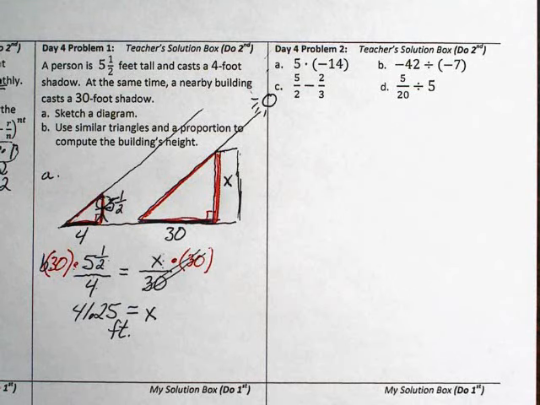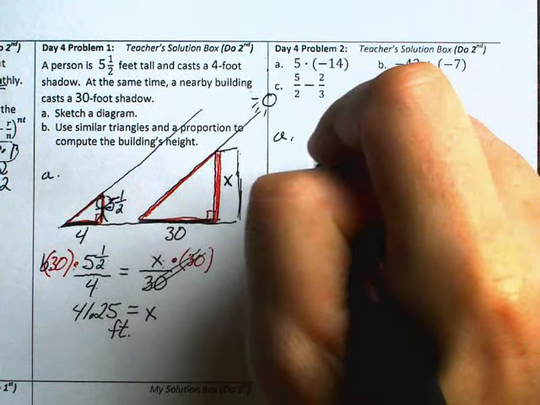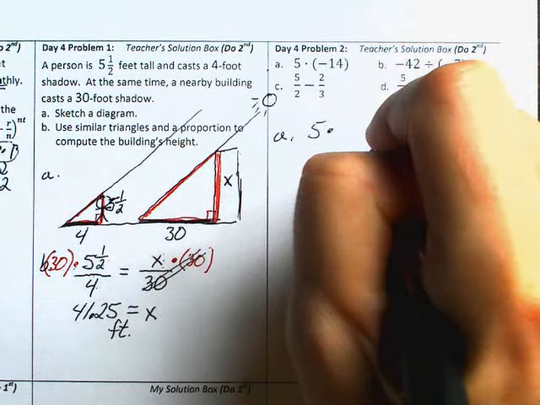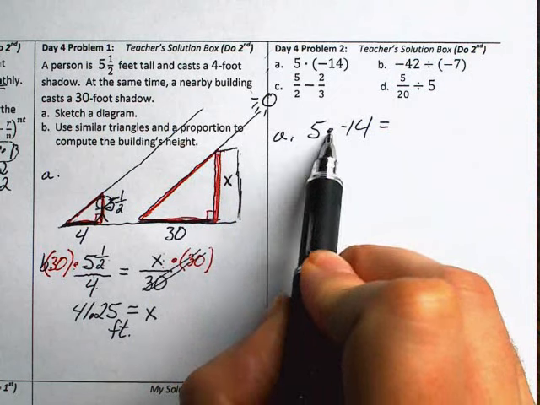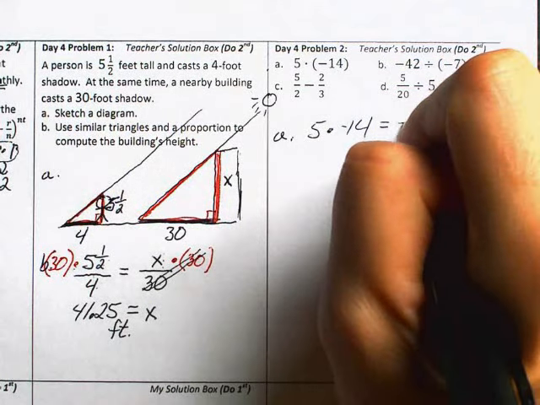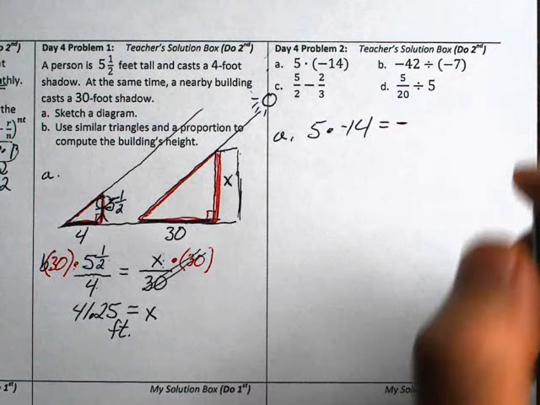Day 4, problem 2. There are 4 questions here. Let's start with question A. 5 times negative 14. Positive times negative is negative, and then we have to figure out what 5 times 14 is.